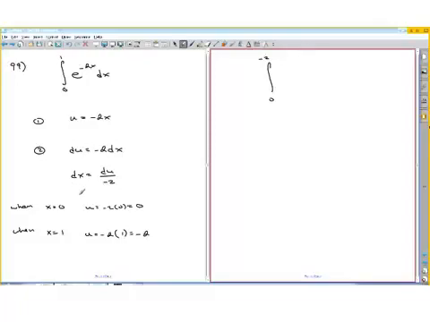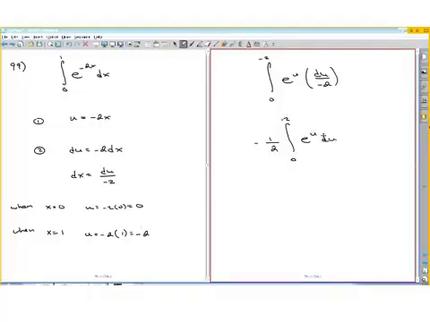Instead of from 0 to 1, we go from 0 to negative 2. Then we have e to the u, and dx is equal to du divided by negative 2. So we'll factor out the negative 2 in the denominator, and then we have the integral from 0 to negative 2 of e to the u du.